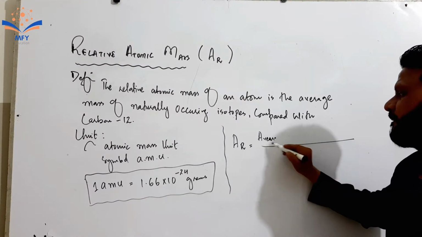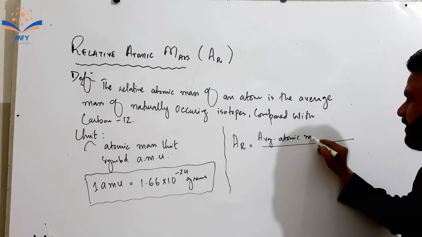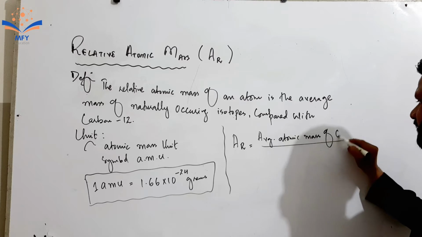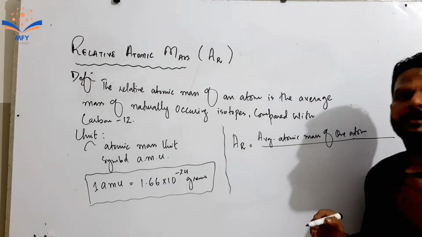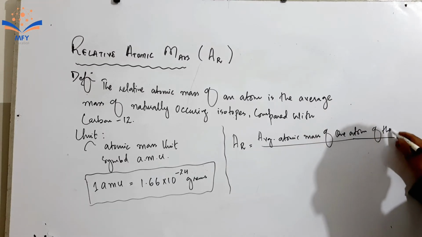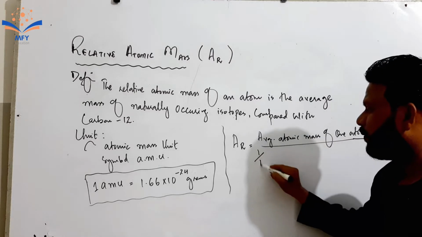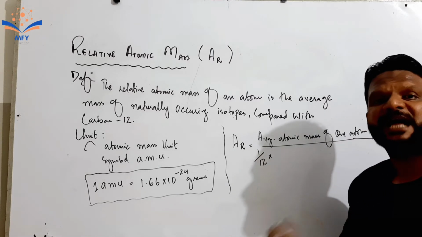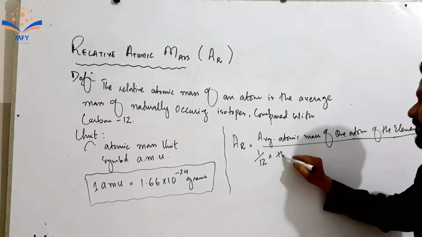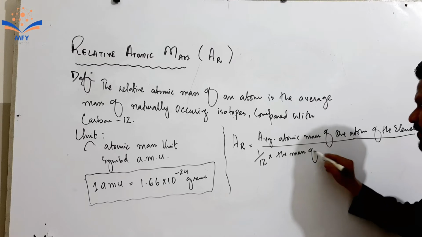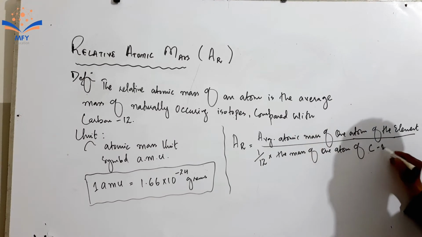Average atomic mass of one atom of the element to the 1/12 times the mass of one atom of carbon, the mass of one atom of carbon 12.